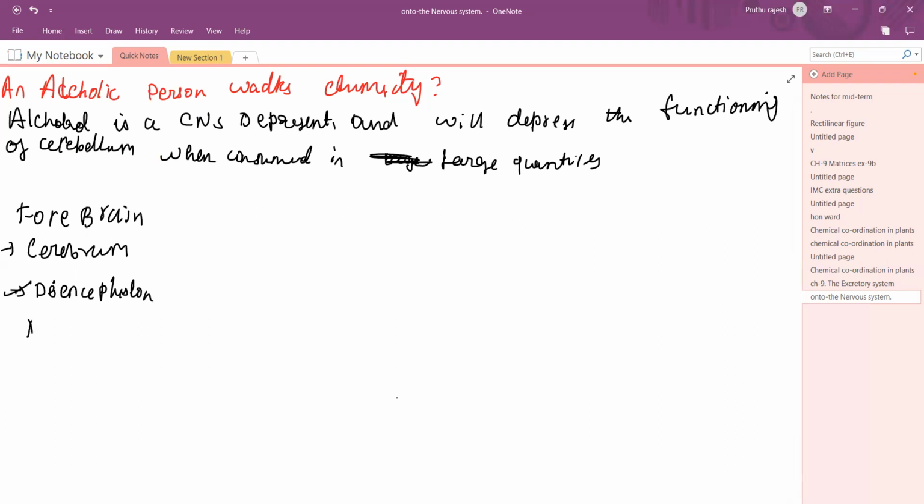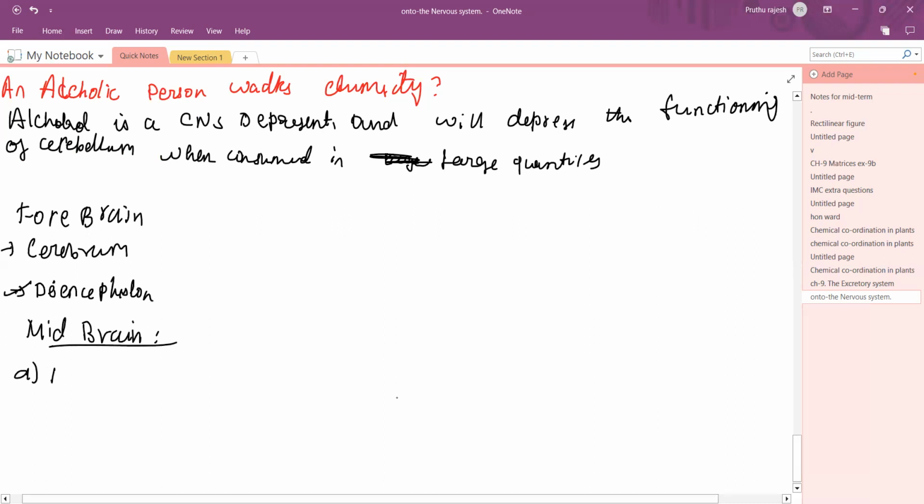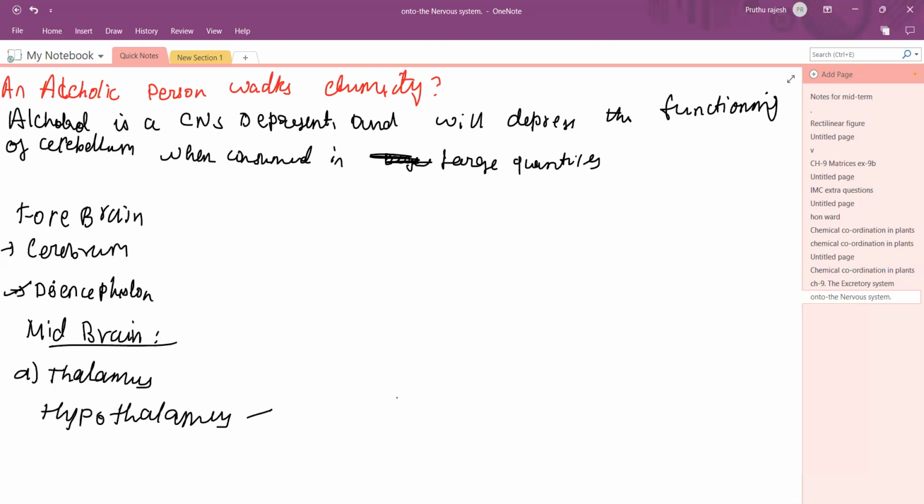So next is midbrain. Hypothalamus generally is an organ used to regulate the temperature of the body.